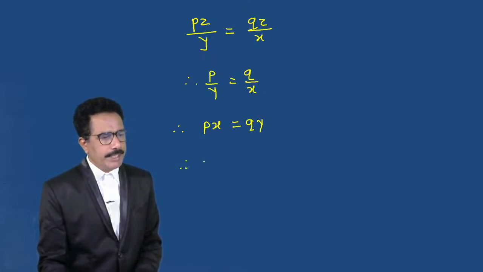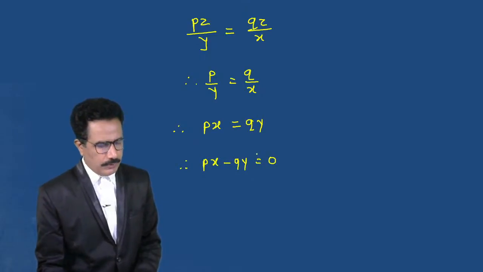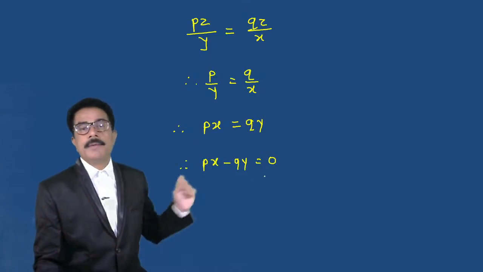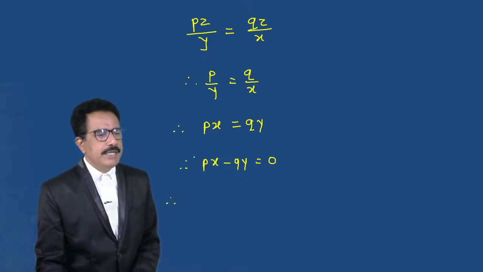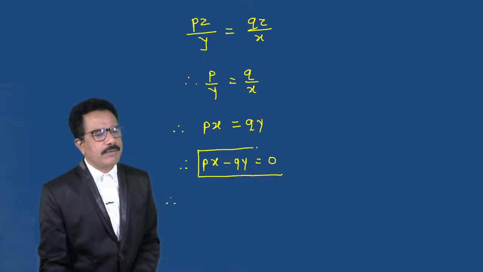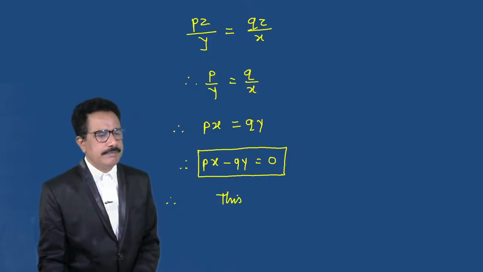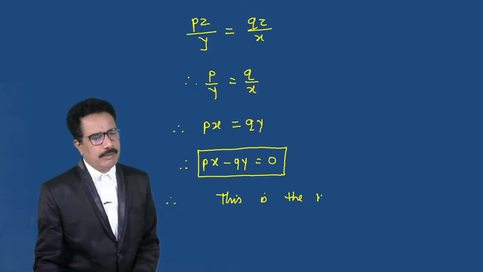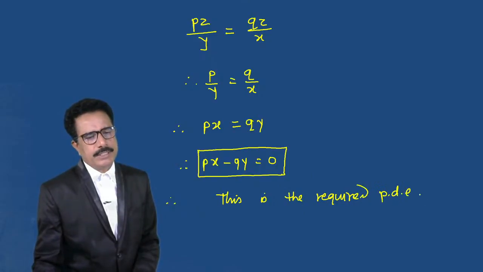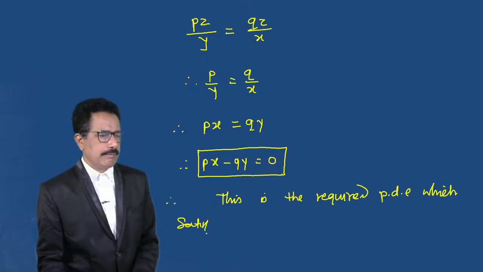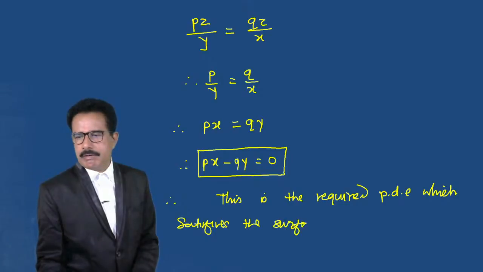So we can write p x minus q y is equal to 0. This is the required partial differential equation which satisfies the surface given by equation 1.